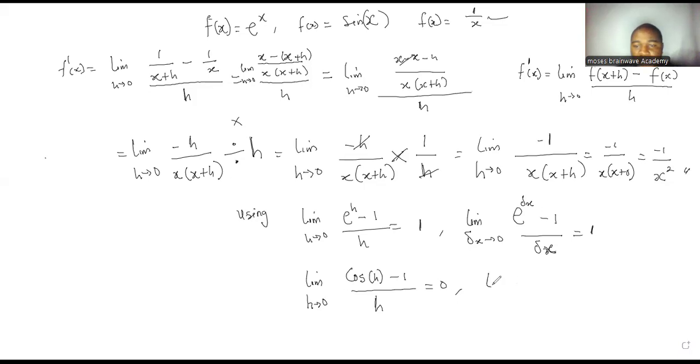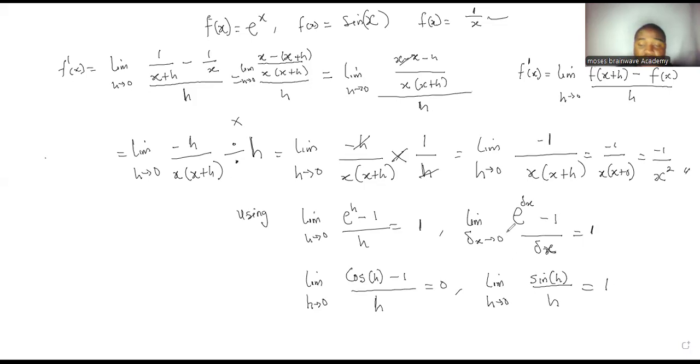But if I have the limit, right, as h tends to 0, then I have sine h upon h. You're taking this limit as h tends to 0. This is going to be equal to 1, right? So this is going to be 0. This is going to be 1. Now, these are the few ones we are going to be dealing with as time goes on.